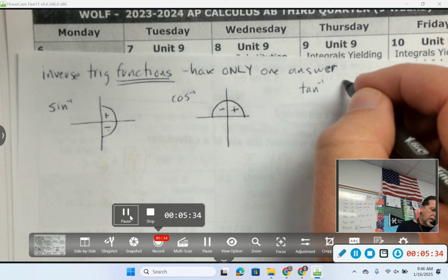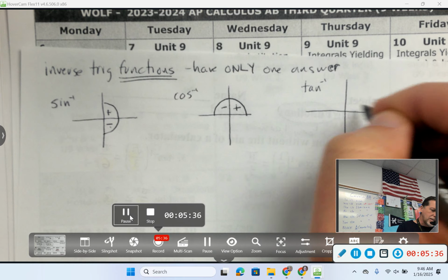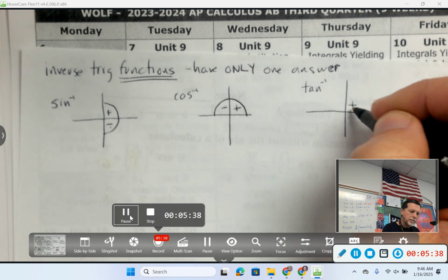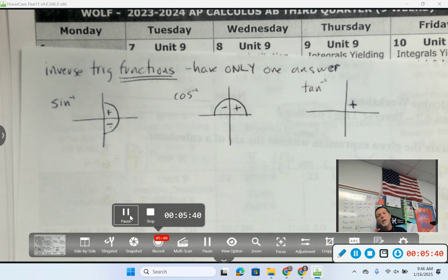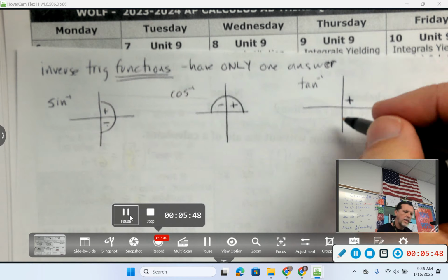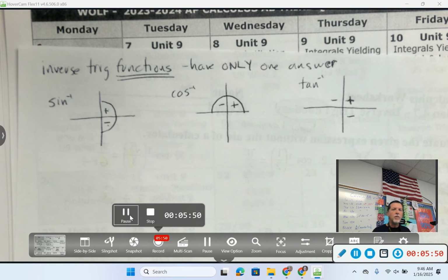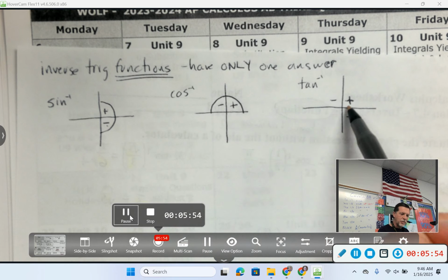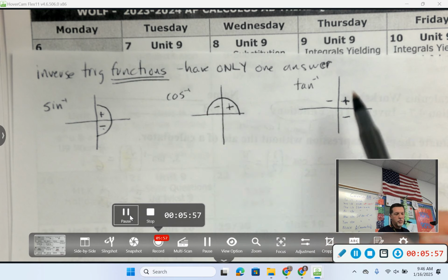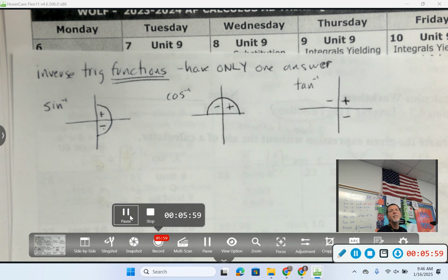And then tangent's kind of tricky because quadrant 1's still positive. Where is tangent? What quadrants have a negative tangent? 2 and 4. So it's like, well, that means you could argue that it should match sine because you would get positive and negative. You could argue it would match cosine to get positive and negative.